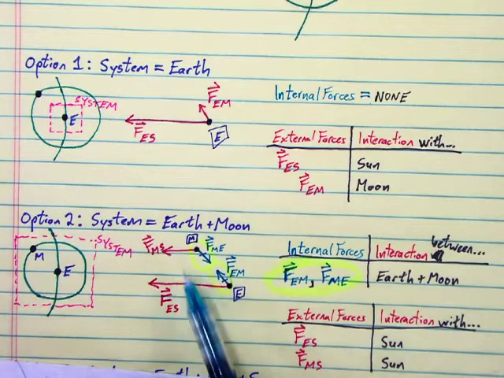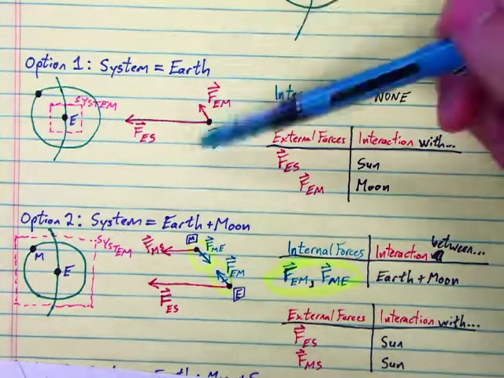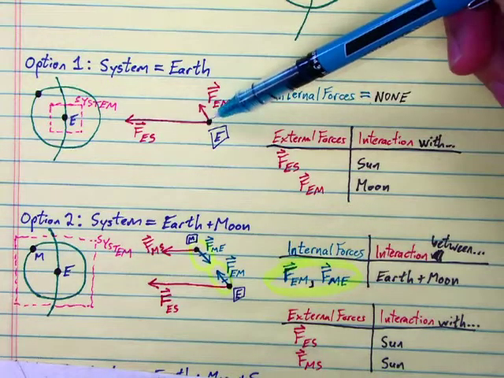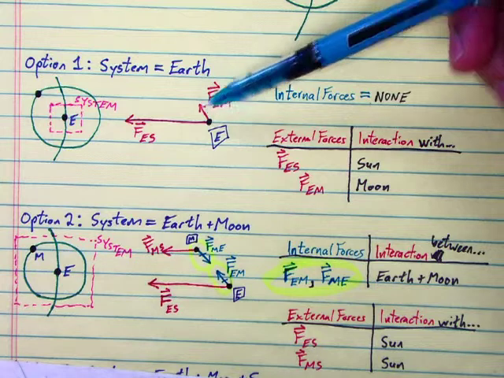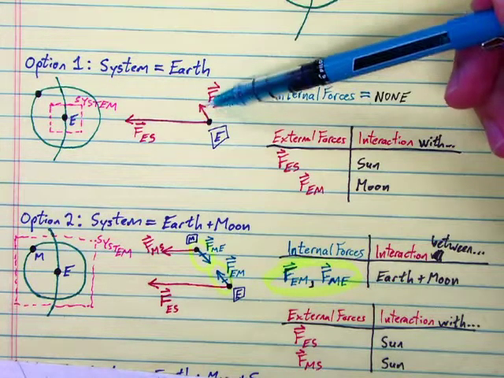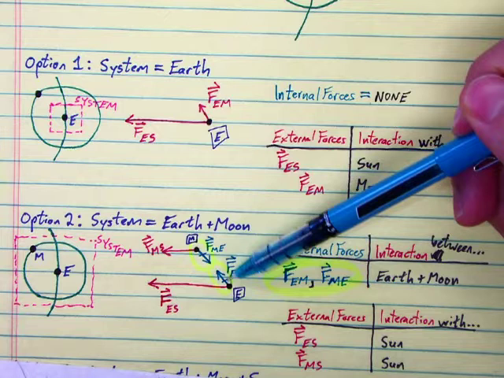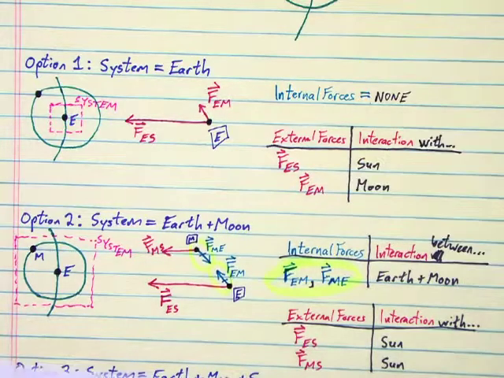The 2 external forces here are due to the interactions with the sun, because the sun is outside the system. And note, in our first option, the force on the Earth due to the moon was an external force, but now by expanding our system to include the moon in it, this former external force became an internal force and part of a Newton's third law pair.